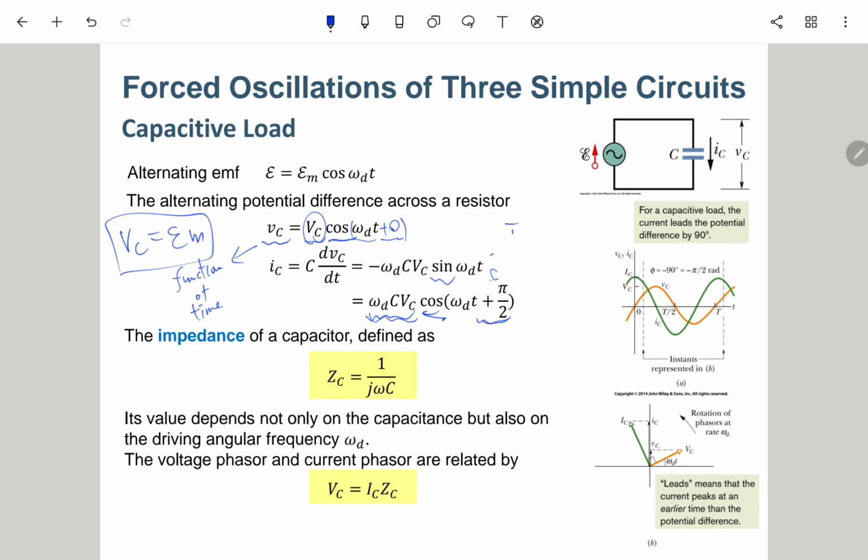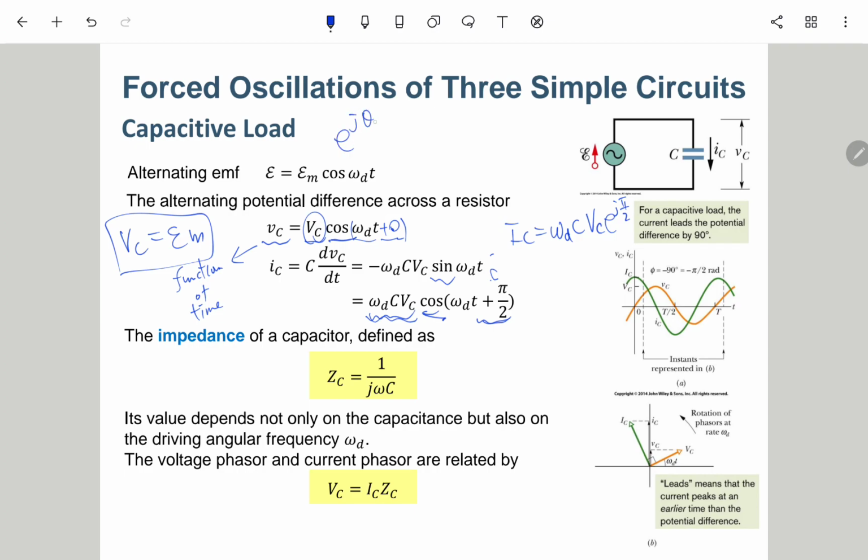So actually the IC becomes omega d C VC, and then exponential to j pi over 2. We don't have 0 here because we have a non-zero phase, pi over 2. I hope you still remember what exponential to j something is.